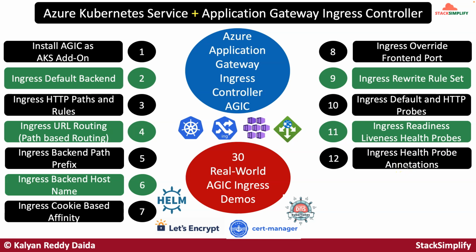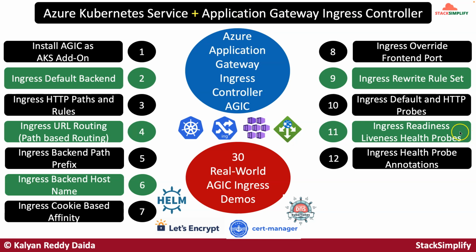And how we are going to implement it is, we are going to implement it in a priority order. So from low priority to high priority, how it is going to be defined and how these health probes help us. And for example, if readiness probe and liveness probe both are defined, which takes the priority in creating a health probe on application gateway, we are going to discuss and implement it.